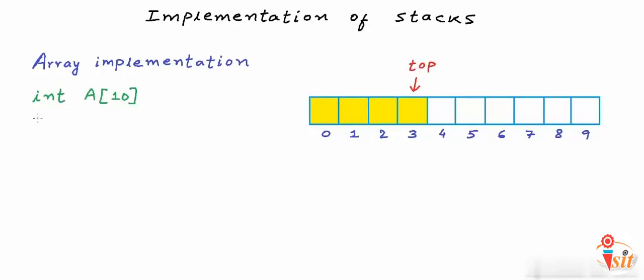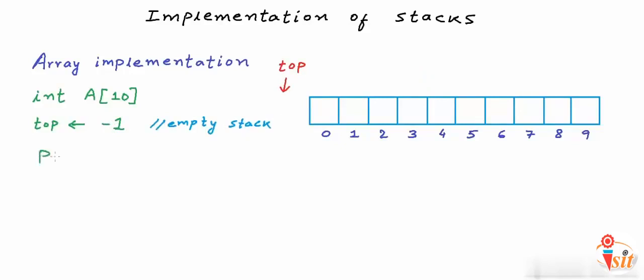We can create a variable named top to store the index of top of stack. For an empty stack, top is set as -1. Right now in this figure, top is pointing to an imaginary -1 index in the array.